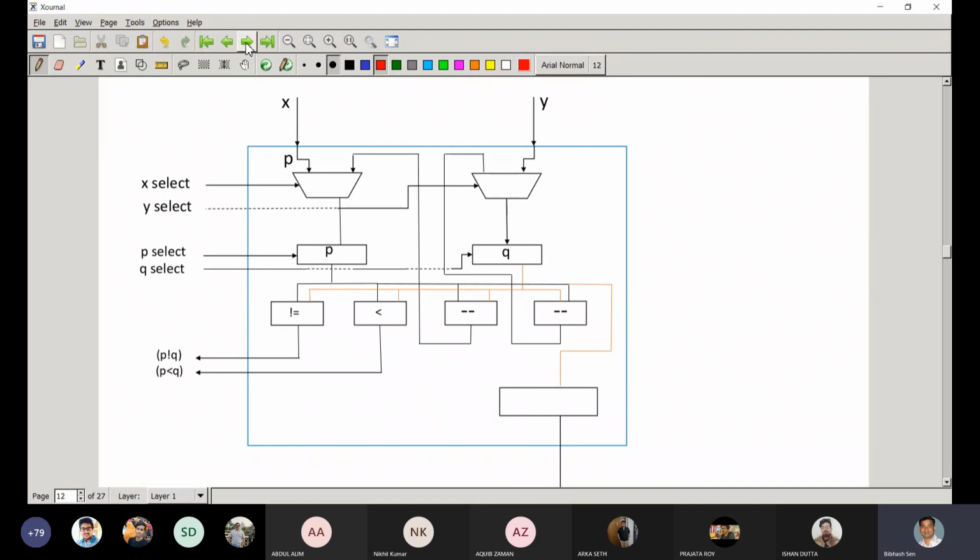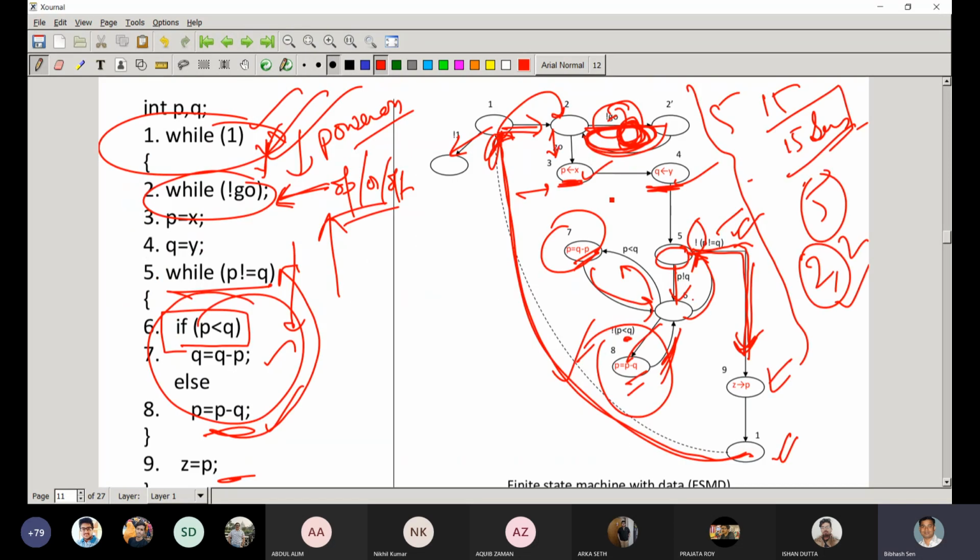Now, if you think about it algorithmically, what do I have to do? These signals are mostly coming from, okay, before that, I have to go a little bit into the condition actually. So this is our FSMD. We know it.